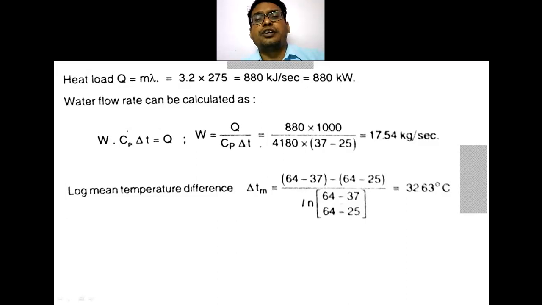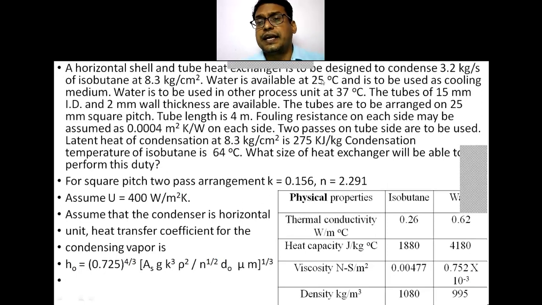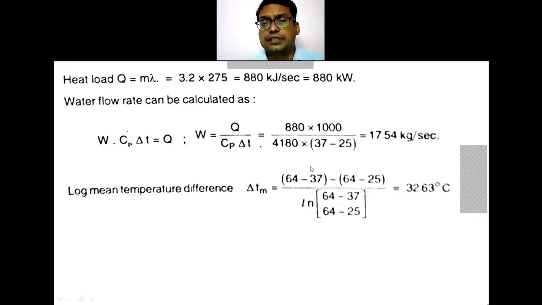The water flow rate required to take out 882 kilowatts of heat, you will require m cp delta T. This is for water, the mass flow rate for the water: Q upon cp delta T, Q that is 880 kilowatts upon the cp for water, 4180, or you can take 4200 if it is not mentioned. And the temperature for the water is 25 degrees Celsius to 37 degrees Celsius. The maximum temperature of the water is 37 degrees Celsius.